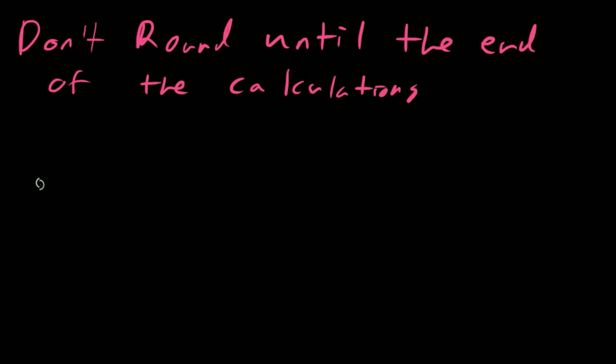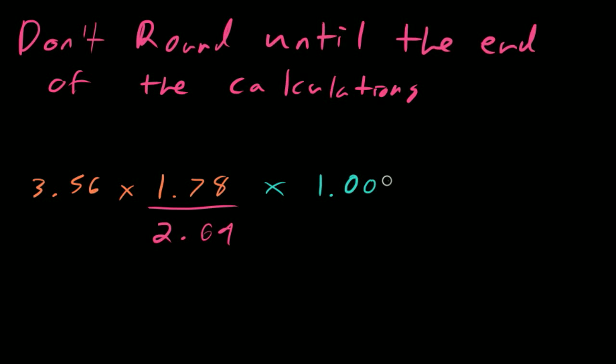Let's say I had to do this operation: 3.56 times 1.78, divided by 2.69, then multiplied by 1.005, then 2.47, then divided by 2.5, and finally multiplied by 18.97.